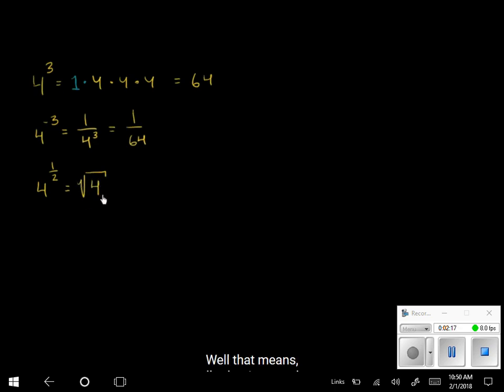Well, that means, what is a number that if I were to multiply by itself, or if I were to have two of those numbers and I were to multiply them times each other, that same number, I'm going to get 4. Well, what times itself is equal to 4? Well, that's, of course, equal to 2. And just to get a sense of why this starts to work out, well, remember, we could have also written that 4 is equal to 2 squared. So you're starting to see something interesting. 4 to the 1/2 is equal to 2. 2 squared is equal to 4.